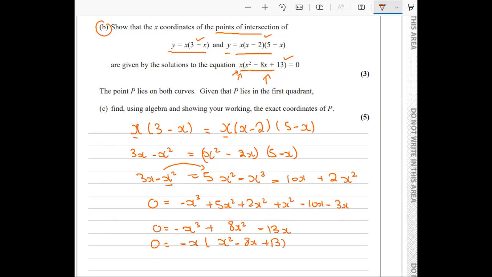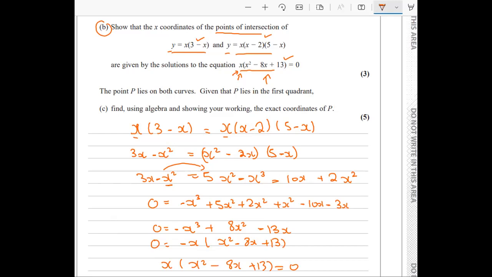And obviously, I can rewrite it as x into x square minus 8x plus 13 equals 0. So I need to rub this extra bracket, and this should be the case, right? Did you understand this? Yes, yes. It's clear? Yes, yes.